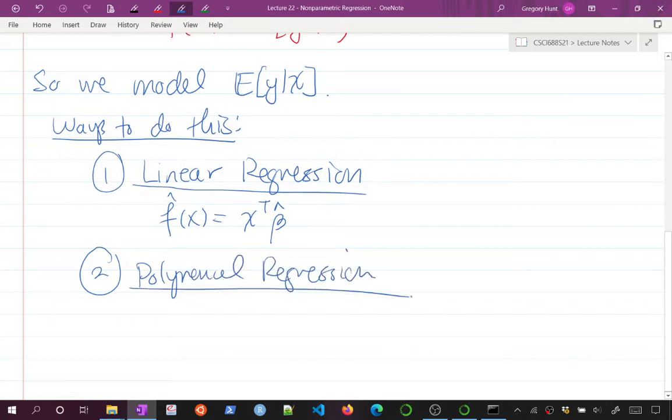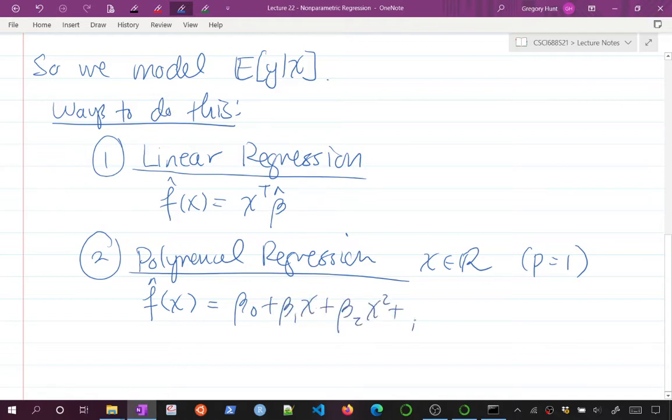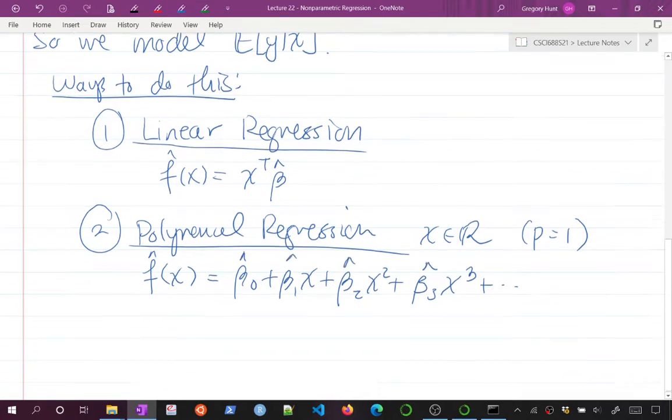We could work with something like polynomial regression, where if x was just one number, so maybe the dimension of x is 1, you could say that f of x was like beta naught plus beta 1 x plus beta 2 x squared plus beta 3 x cubed, dot, dot, dot, and I guess these would be hats, right? And we would estimate these things.